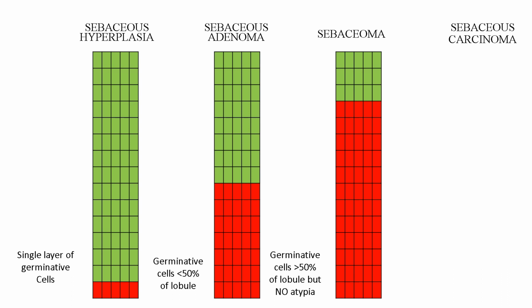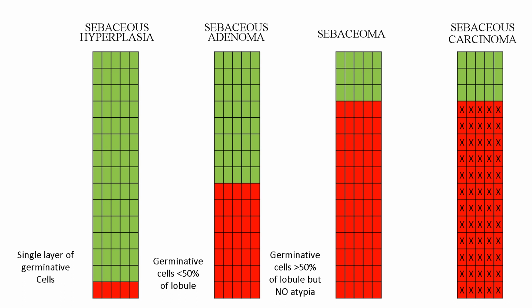The only differentiating factor between sebaceoma and sebaceous carcinoma is that the germinative cells are more than 50% and with atypia. So in terms of the thickness of the germinative cells, this is how the different diseases progress.